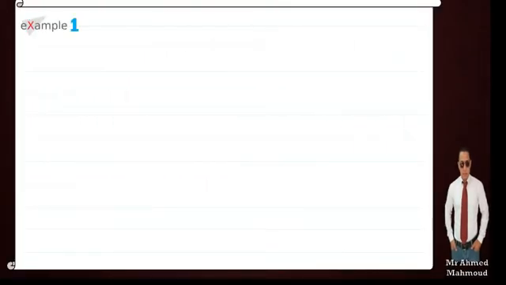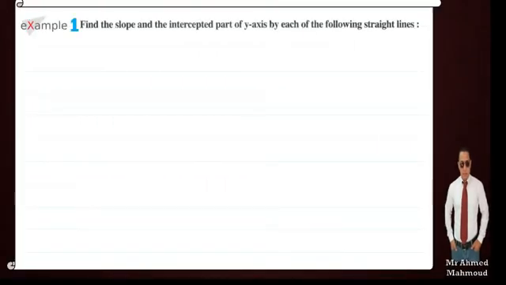Here in example 1, find the slope and the intercepted part of the y-axis for each of the following straight lines. Number 1, 2x minus 3y minus 6 equals 0. Okay, first I need to find the slope.